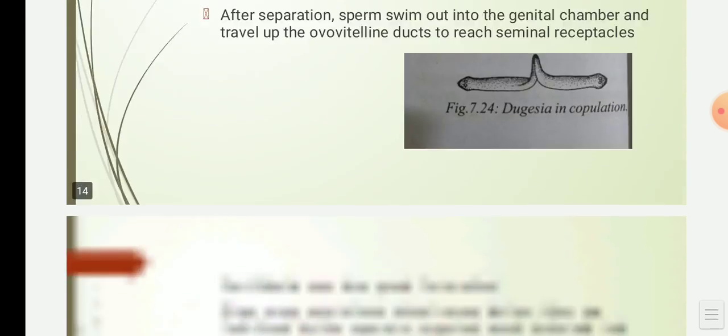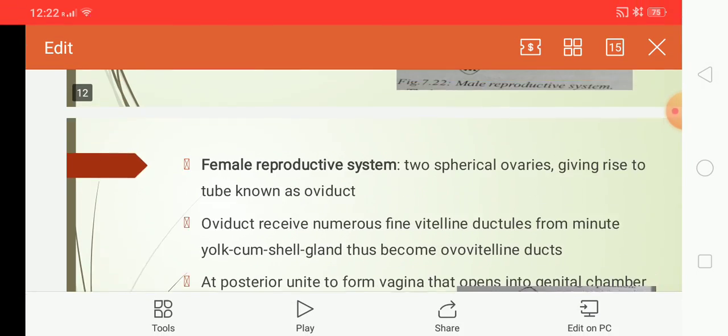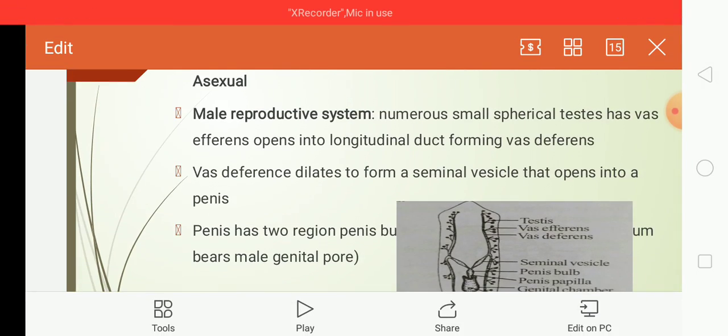The male reproductive system consists of spherical testes that have vasa efferentia that open into longitudinal ducts, thus forming a vas deferens. Okay, so the vas deferens of each side dilates to form a seminal vesicle.